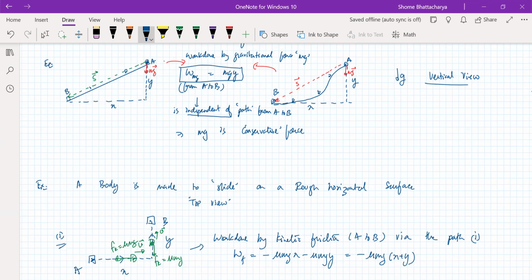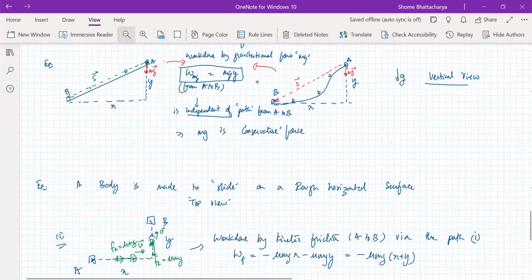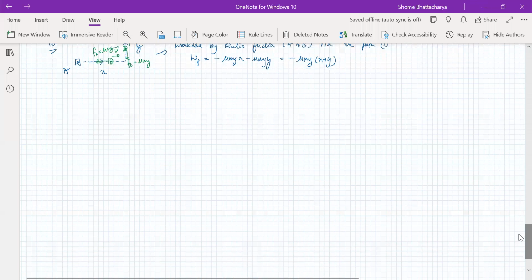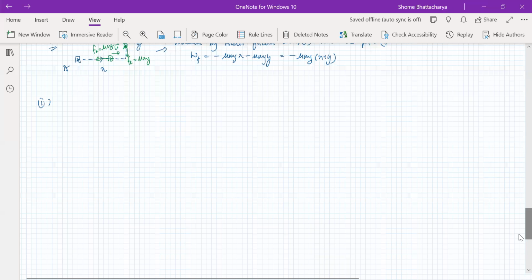But same thing now, suppose I take it through a different path. Suppose I take it via this path directly from A to B. Remember, this is again the top view. I'm looking into a rough horizontal surface, and this distance is x and this distance is y.